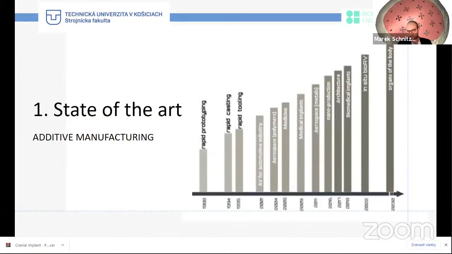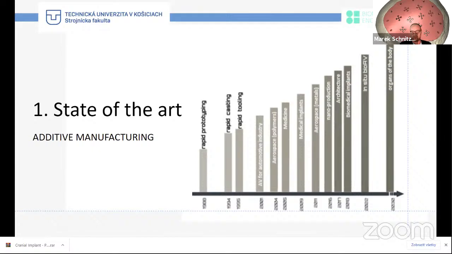What is expected in 10 years? Everything is going to regenerative medicine and personalized medicine. So we are expecting that in 2030 we will be able to produce functional organs, let's say simple organs, not very difficult like liver, but in 2030 we can print.